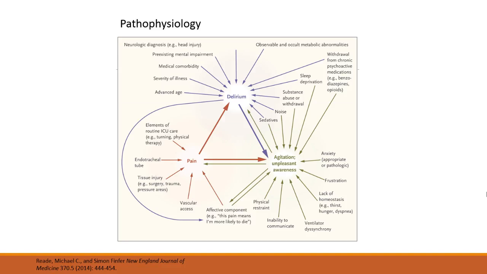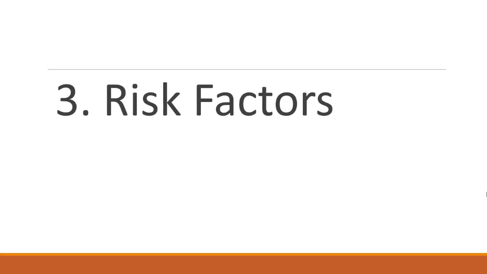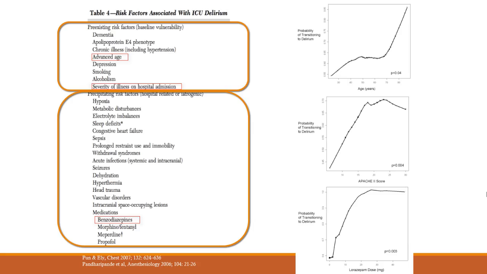Pathophysiology is complex, not completely understood, and there are a lot of hypotheses, so I won't belabor the point and spend time on that. As far as risk factors go, there are many, but it's nice to break them down into what the potentially pre-existing risk factors are coming in, and what are some of the things that can precipitate them. So precipitating risk factors and pre-existing risk factors.